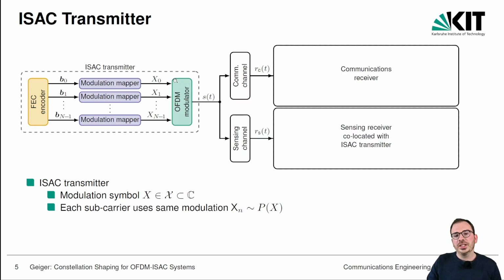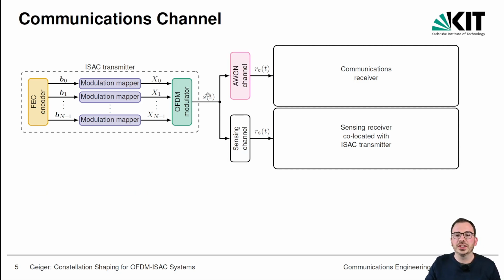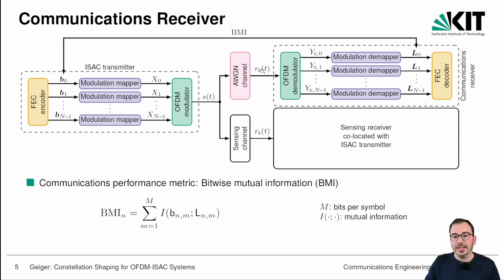Then the OFDM modulator generates the transmit signal, which is for communications transmitted over an AWGN channel. At the communications receiver, the signal is then transformed into the frequency domain. We have a modulation demapper, which calculates the LLRs, which are a measure for the reliability of a bit.